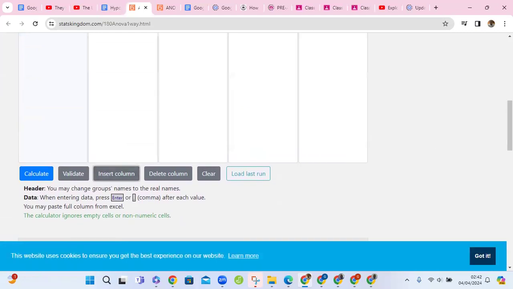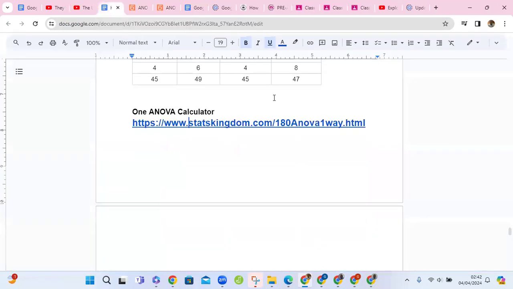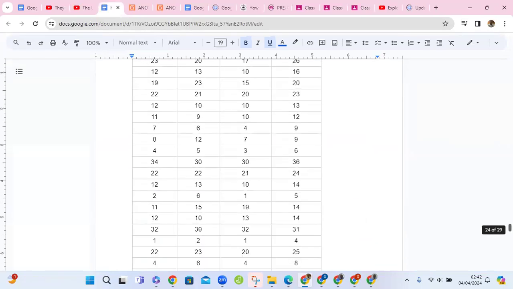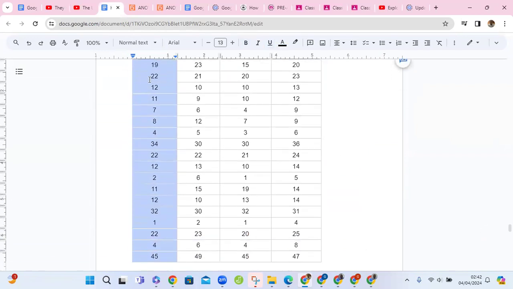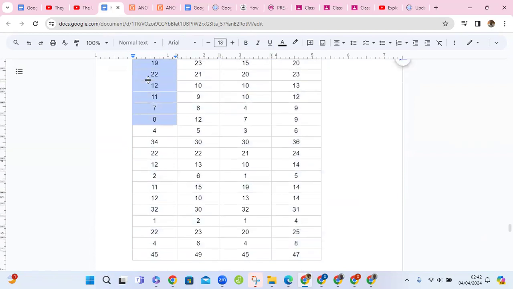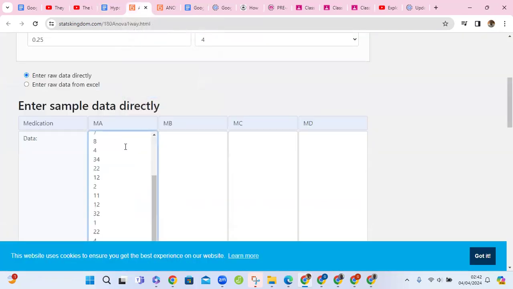We can click on this here, and that will be for medication D. 4 groups. And we can copy and paste the data. Highlight the data for medication A, and repeat this for B, C, and D.